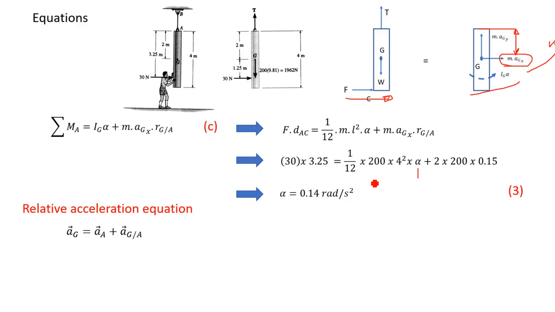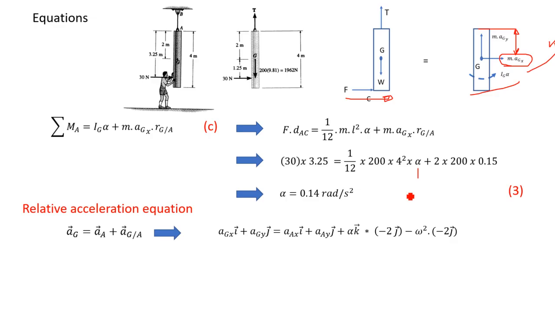relative acceleration equation between the point G and the point A. So we're going to apply this equation. The AG is equal to the AA plus the AG relative to A. And we put all the parameters in.